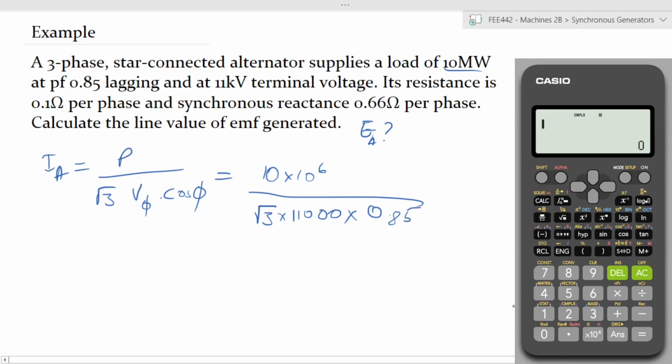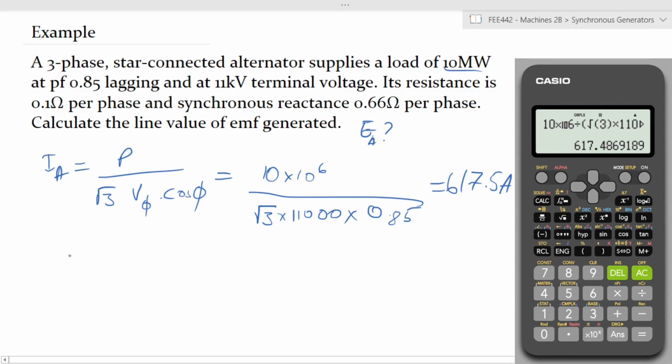So let's do that. 10 exponential 6 divided by √3 times 11,000 times 0.85. Right, so that gives us 617.5 amps roughly. Okay, so that's the current that is now flowing through your circuit.